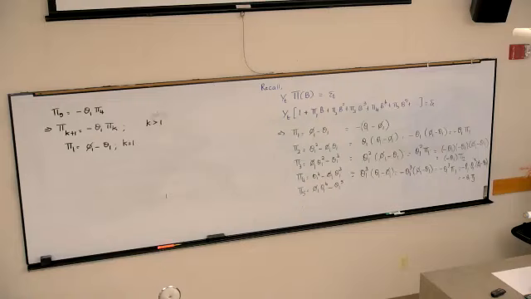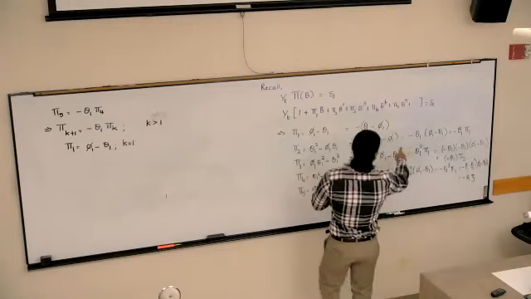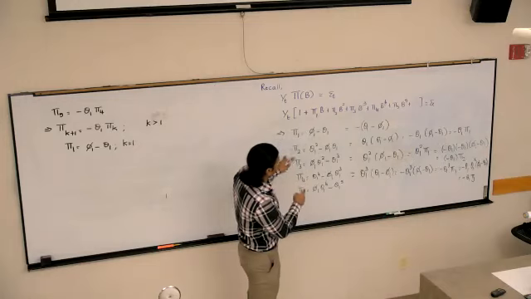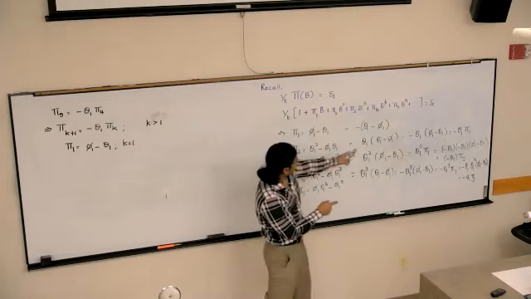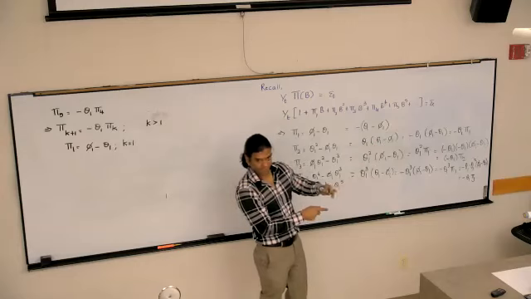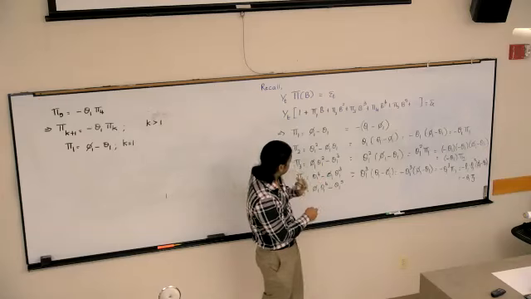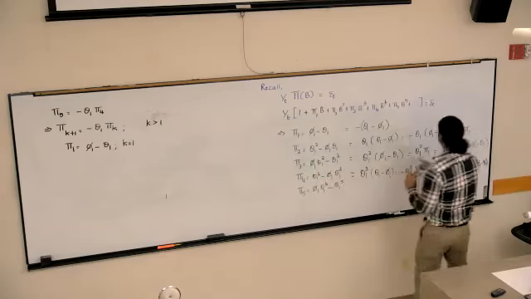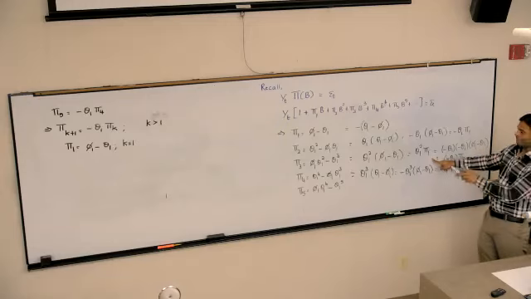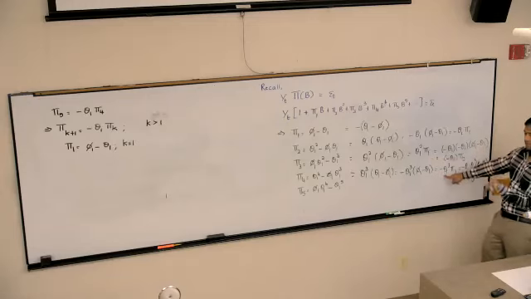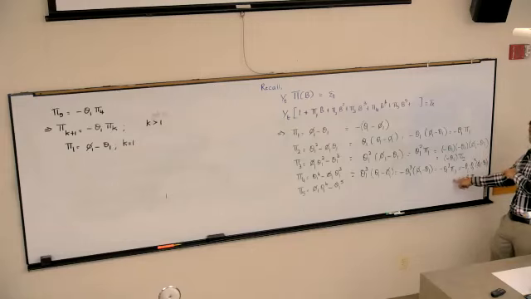We can also write it in terms of the theta expressions that we see, in terms of pi 1 directly. So if you look at pi 2, it was negative theta 1 pi 1. Yes? Correct. And pi 3 is theta 1 squared pi 1. Pi 4 is negative theta 1 cubed pi 1.